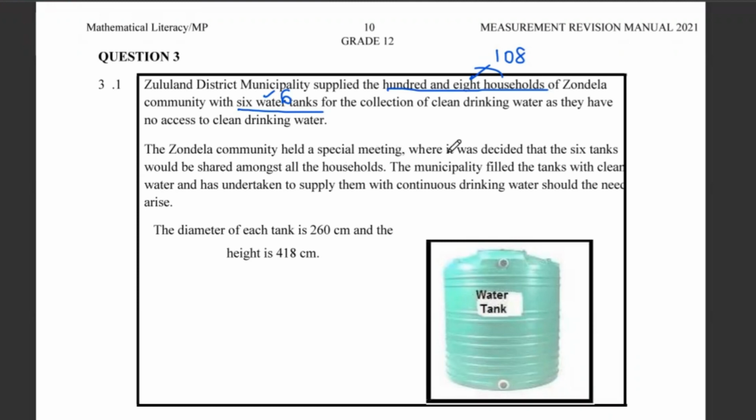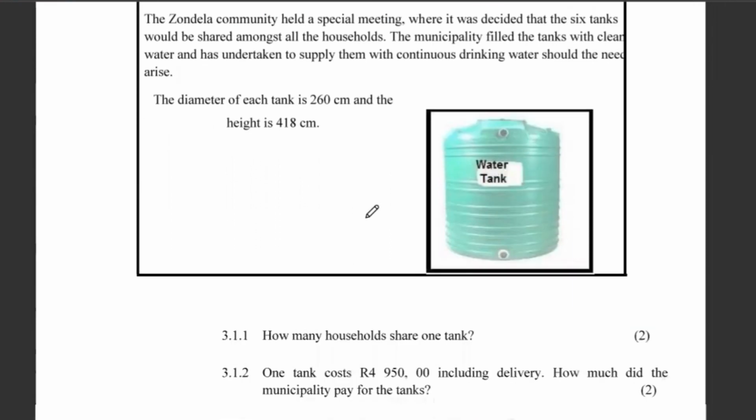So the community held a meeting where it was decided that 6 tanks would be shared amongst all the households. The municipality filled the tanks with clean water and has undertaken to supply them with continuous drinking water should the need arise. Okay.